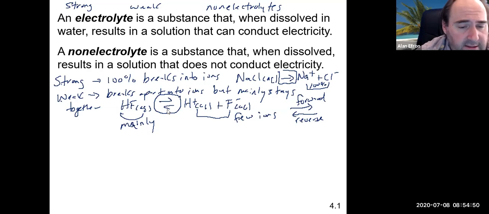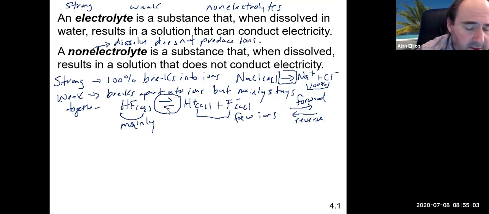And lastly, our non-electrolyte does typically dissolve, but does not produce any ions. For example, if you put sugar in water, it will dissolve.